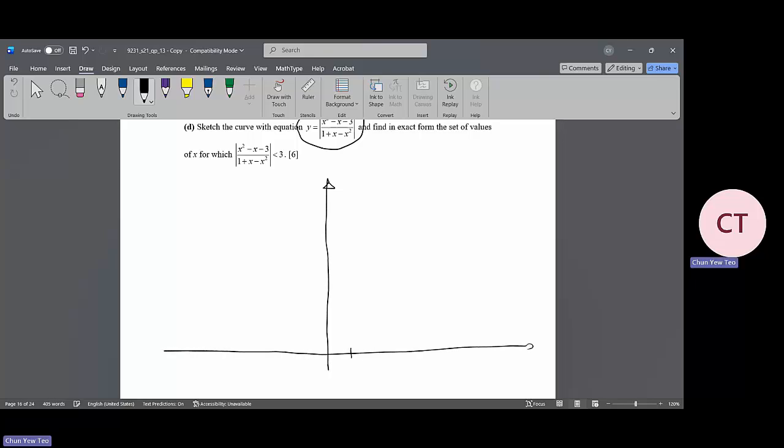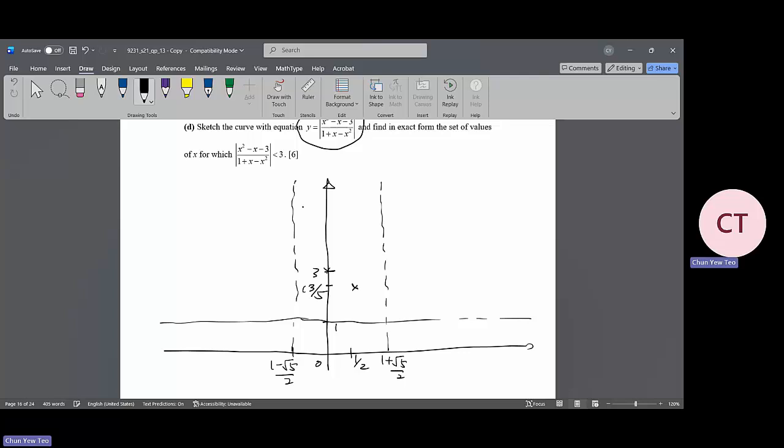You have a half over here, a 1 over here, then a 3 over here, and 13. This will be 1 plus 5 over 2, then this will be 1 minus 5 over 2. This is your vertical asymptote. So your graph will be like this.